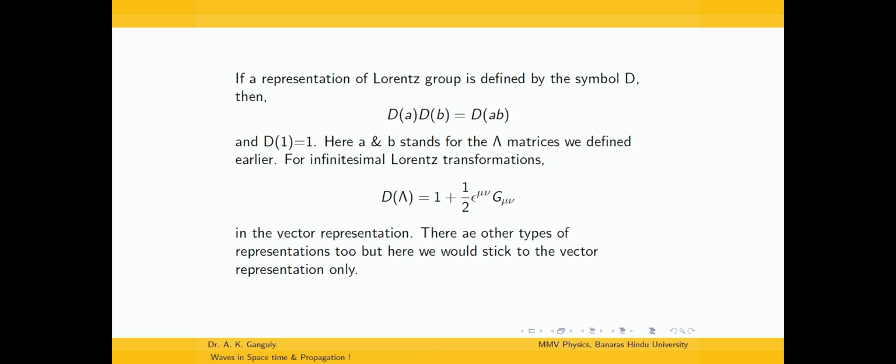Now, if we again go back to the first equation, consider my small a to be a Lorentz transformation matrix and my small b to be the inverse of the Lorentz transformation matrix, then D of Lorentz transformation matrix lambda times D of Lorentz transformation matrix inverse, that is lambda inverse, should give me D of lambda times lambda inverse as an argument, and by the condition that lambdas are not singular and lambdas are invertible, this gives me to my right side D of just 1, which is equal to 1.